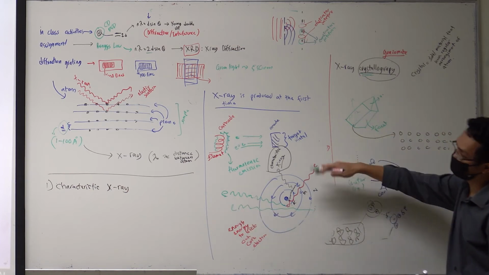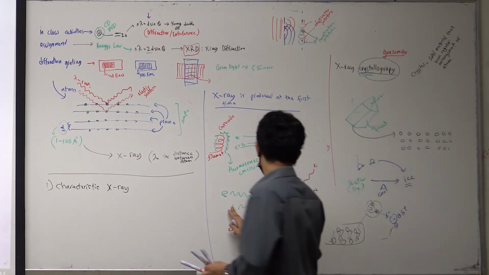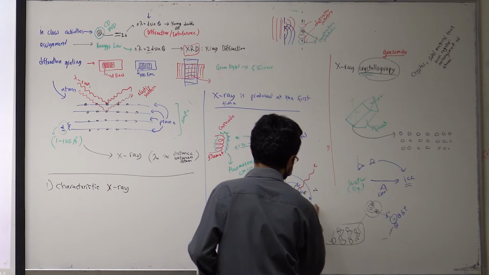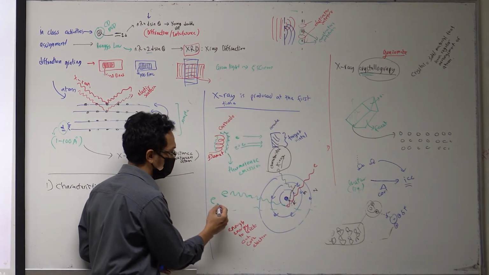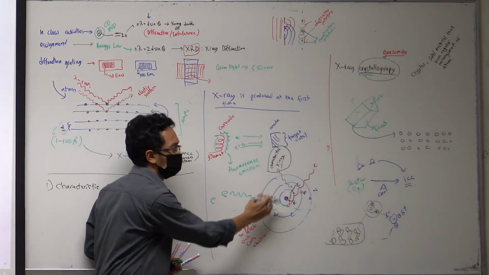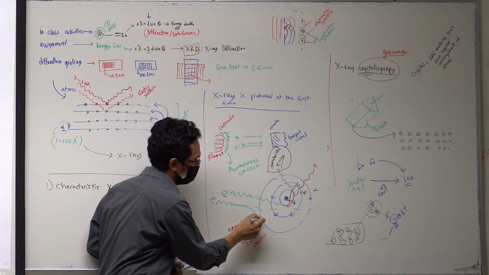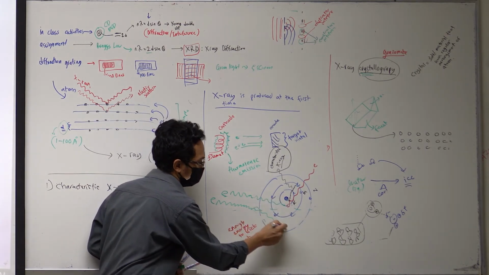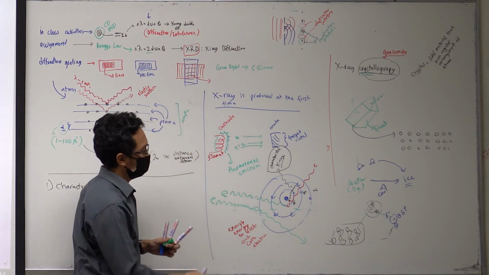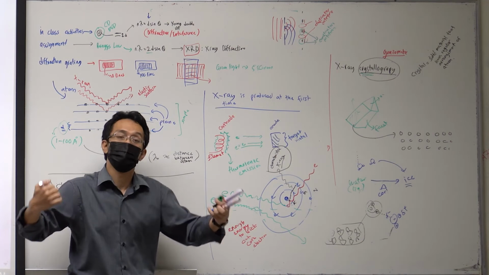There is another way to develop the X-ray, let me draw here. Okay, so this is one way. Another way is that another electron comes here. Imagine this is a new atom. It doesn't kick. It will deflect a little bit, because remember, the electron is negative, so you have this repulsion.